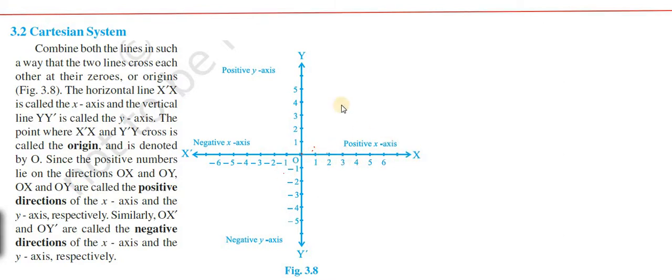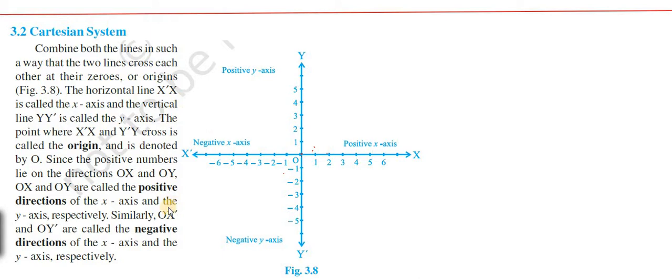So these are positive axes and these are negative axes. X'O and Y'O are known as negative axes, and OX and OY are known as positive axes. Similarly, OX' and OY' are called the negative direction of the x-axis and the y-axis respectively.